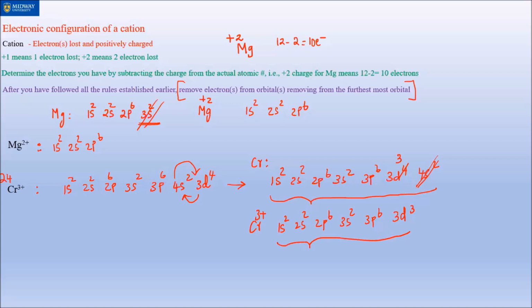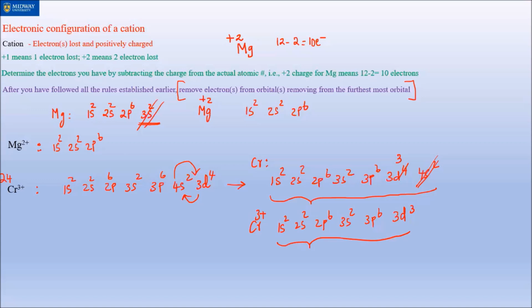You should have a good understanding of how the configuration works in the first place. That's very important. So if you have not understood how to do the basic electronic configuration for elements in domain 1 and domain 2, I suggest you watch those 2 videos and then come back to this one. All right, so there's nothing more to add or subtract at this point. This is all you really need.